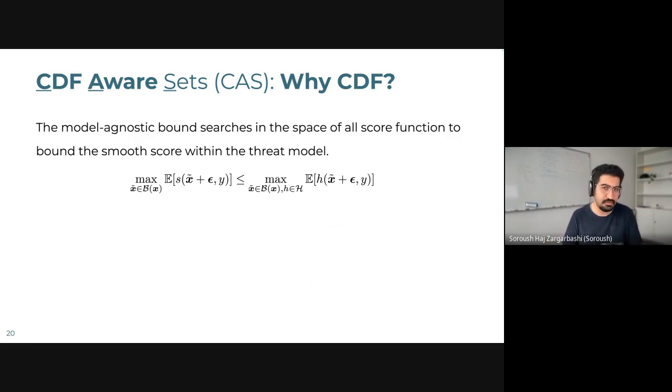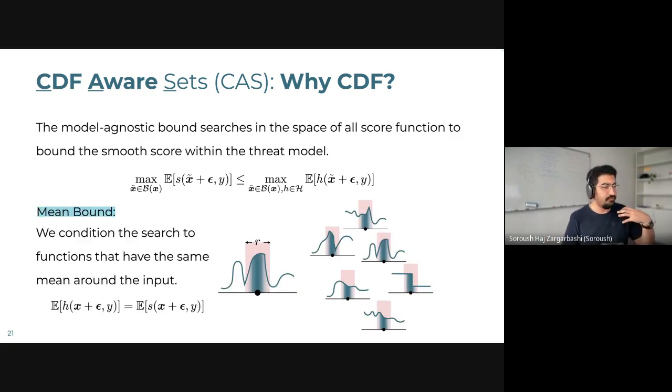So one possible constraint that we can add is that we can say, instead of looking at all space of functions or all classifiers or all models, just try to find this maximum within all functions that have the same mean around the point that I have received, with the mean that I can compute from my own classifier.